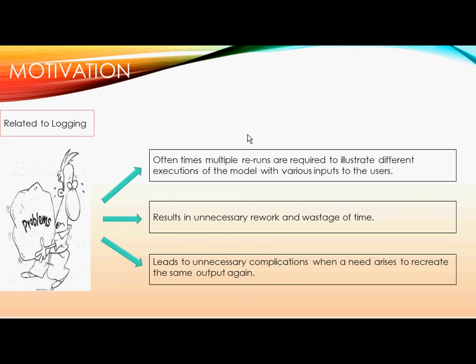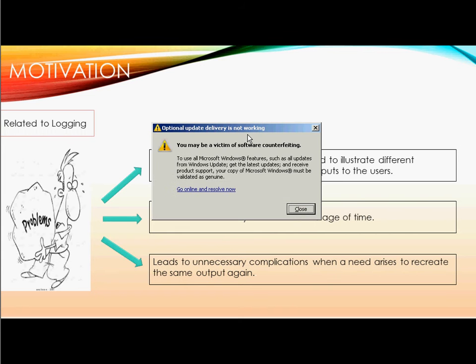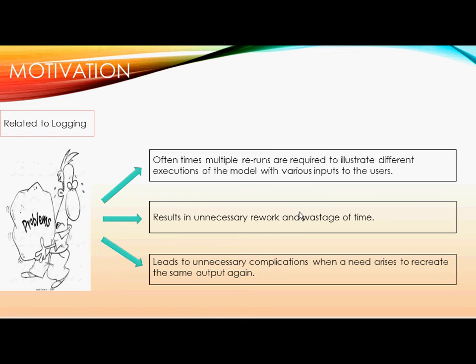It leads to unnecessary rework and wastage of time. And the third point relates to the concept of a random seed that is used in the models built in AnyLogic. Oftentimes, the modeler needs to recreate the exact same output afterwards.